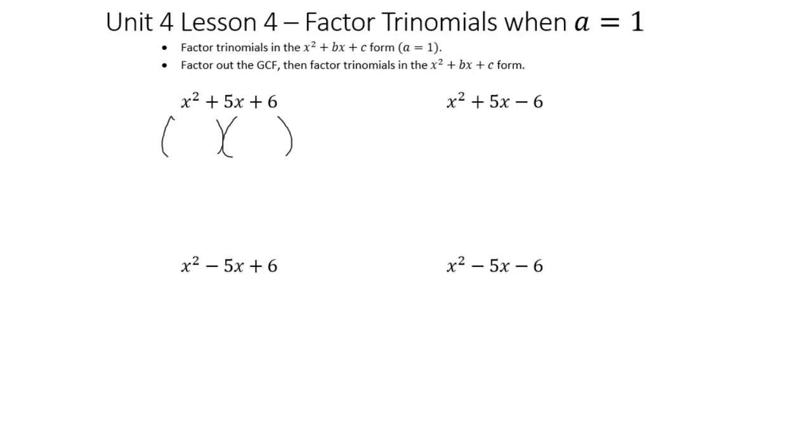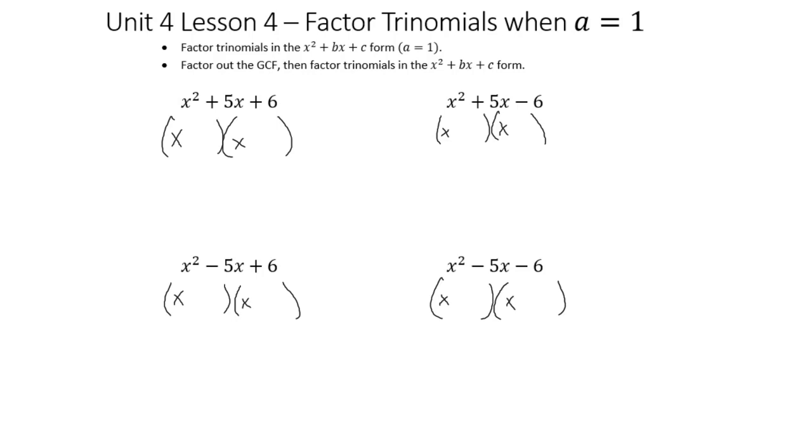The only way to get x squared is an x and an x, and that will be true for every single one of these when the leading term is 1.